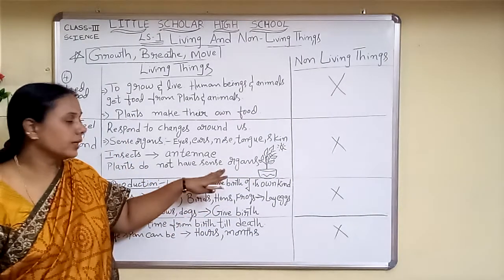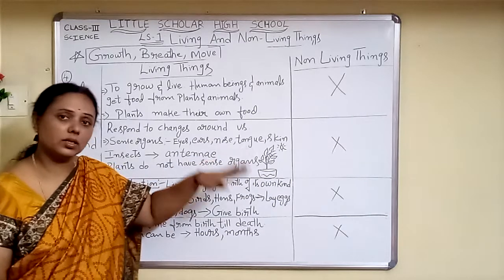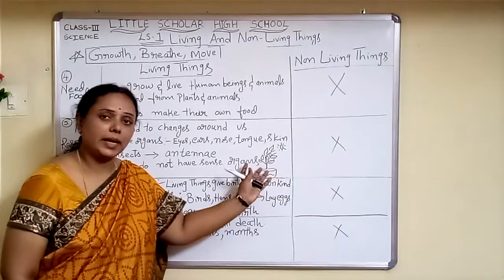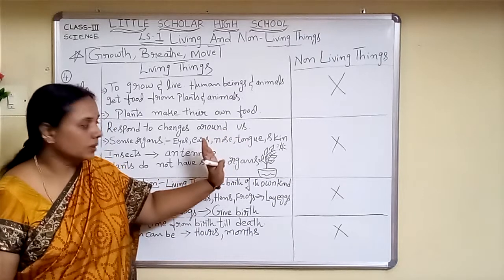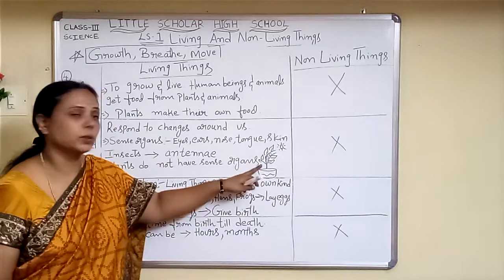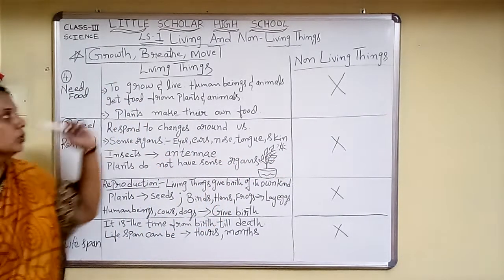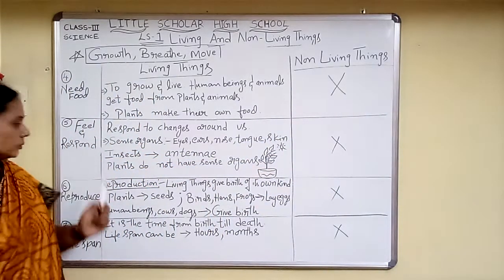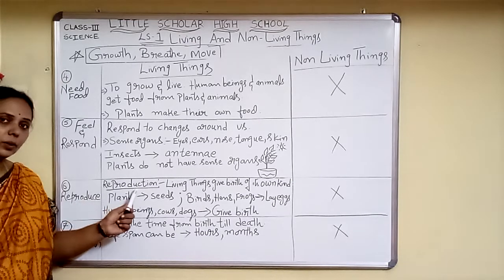But for the time being, you understand that plants also sense the external atmosphere, and whenever you keep any potted plant, you can see that some of the branches or stem try to bend towards the sunlight. That means the plants are responding to the sunlight, and the same thing we do not find in non-living things. Understood, children?